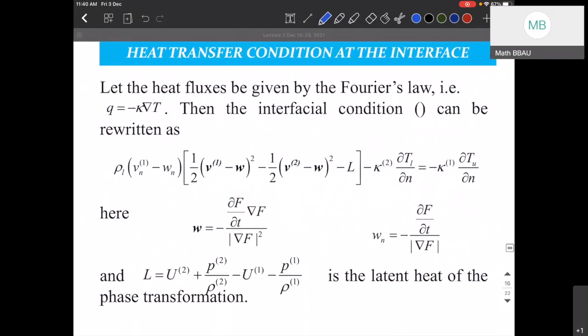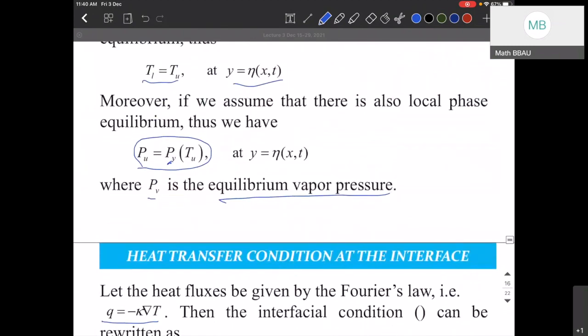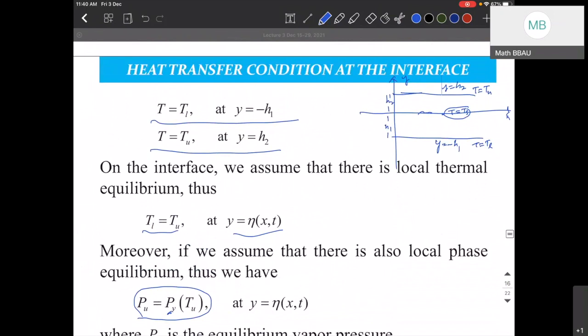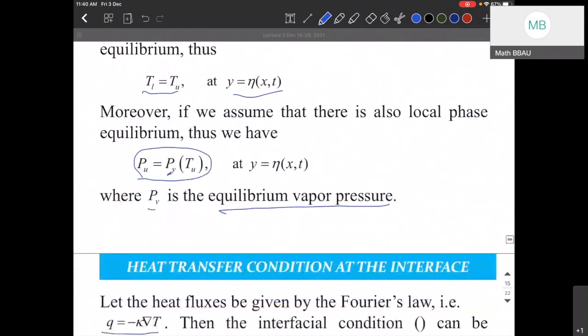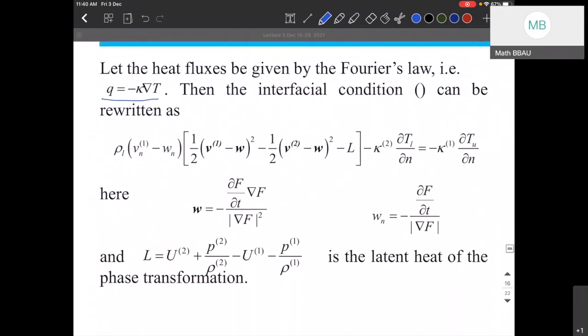Then we use Fourier's law, because we are considering the temperature change. Q is equal to minus kappa delta T, and then we will use a similar condition with the cylinder that we used earlier in the case of mass transfer. We'll take a cylinder at the interface and then calculate the integration over the volume V. We will get this equation. Now see this equation.